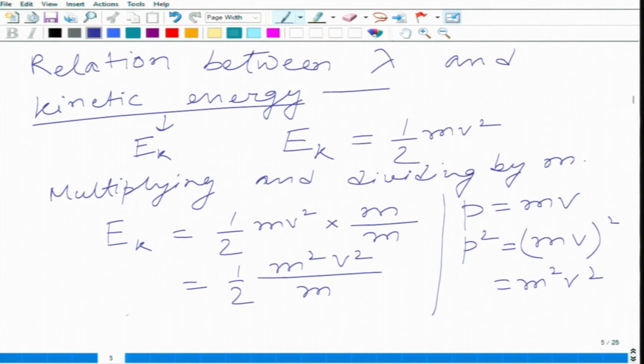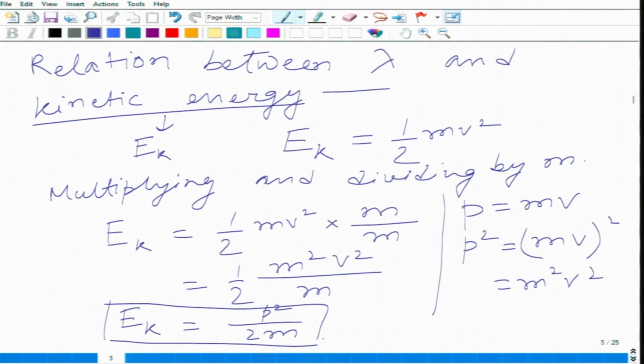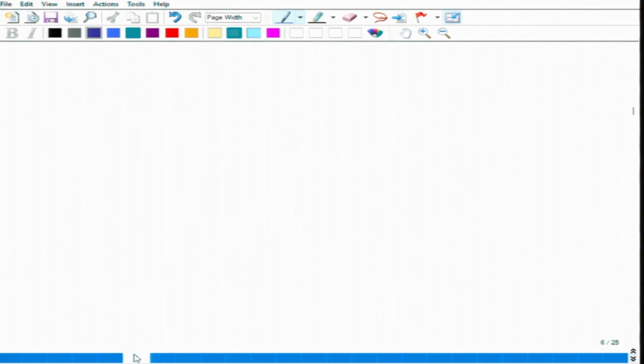So we can write kinetic energy as P squared by 2m. Therefore, P squared will be equal to 2m Ek.